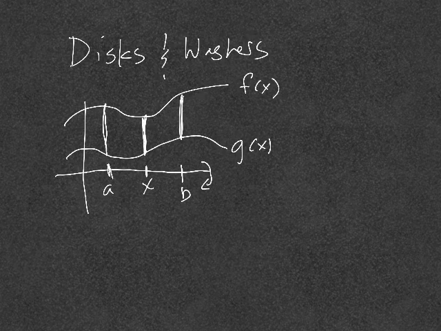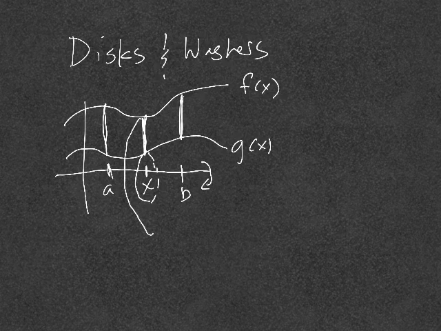And what happens to this slice? Well, as this slice gets spun around, it's going to create this kind of washer shape. And so this is where the name comes from.